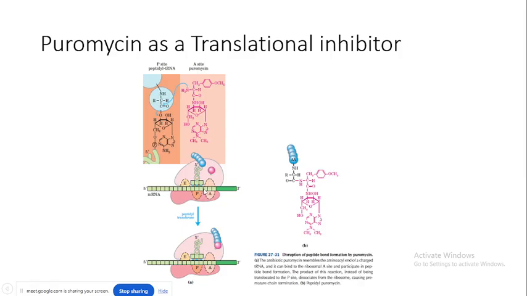So when translational elongation is going on, after the last translocation step, the A site will be empty, and the P site will have the peptidyl-tRNA.